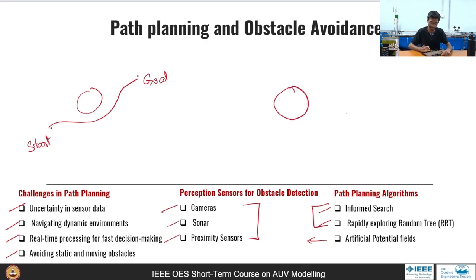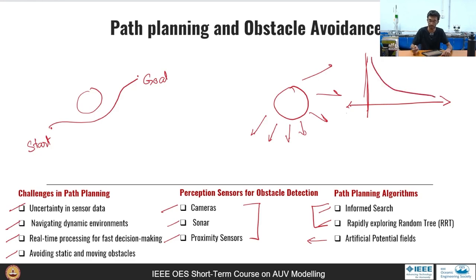which essentially encourages the robot or AUV to stay away from the obstacle using the philosophy of fields. Here, the idea behind the algorithm, I'm trying to simply explain it. Consider on the x-axis the distance of the AUV from the location of the obstacle. A typical APF field will have a variation of this sort.